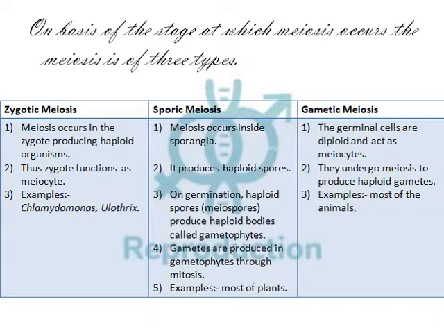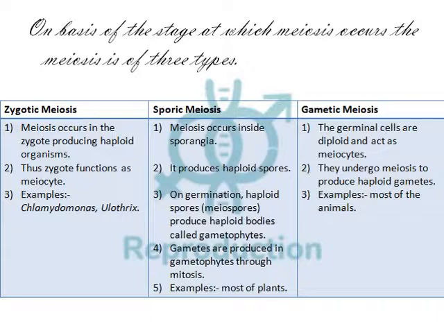Number two is sporic meiosis. In this, there is a structure, sporangia, which produces spores. Spores produced are haploid, so the sporangia act as a meiocyte in this case. Once the spores are formed through sporangia, they will develop and form gametophytes.